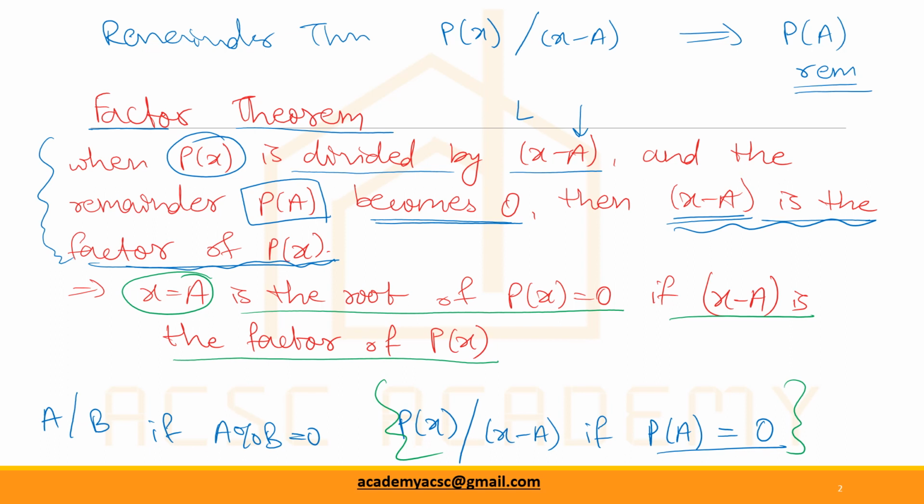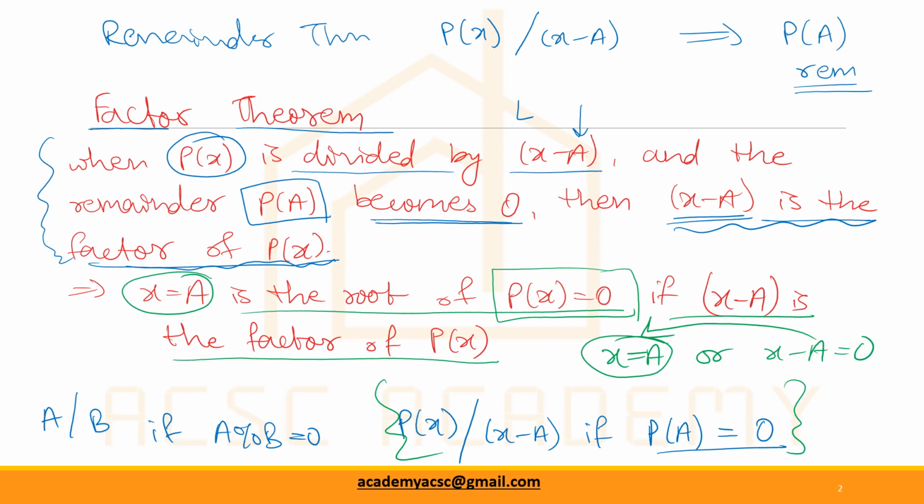That x minus a is dividing p of x, so x minus a equals 0. From here we come to x equals a, and this x equals a will turn out to be a root of p of x equal to 0. We had this polynomial p of x; when you equate that to 0, it becomes an equation, and for this equation, x equals a will be the root.